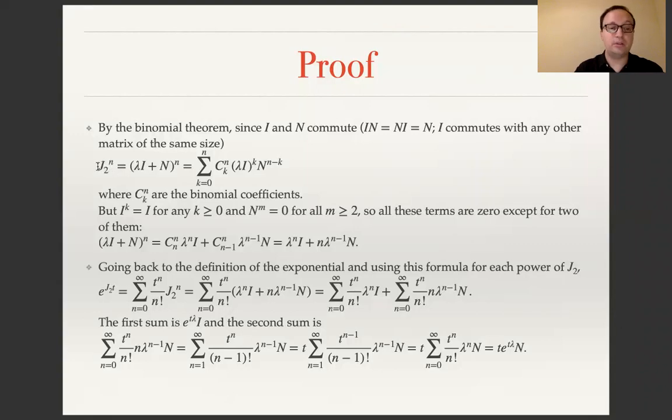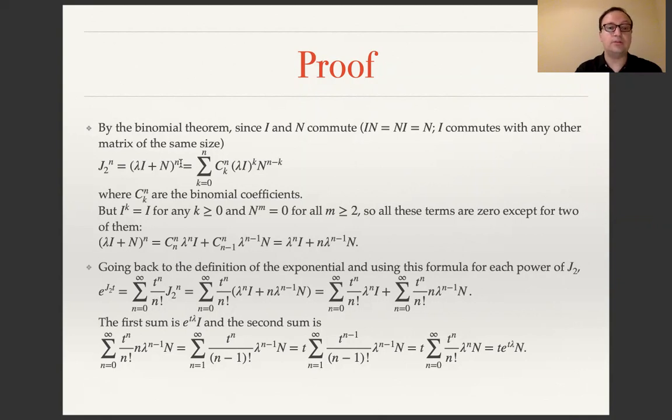So we use this decomposition to compute J2 to the n, to compute the powers of the Jordan block J2, because we need them in the definition of the exponential. So you write J2 as lambda times the identity plus N, and then J2 to the n is lambda times the identity plus N raised to the power n.